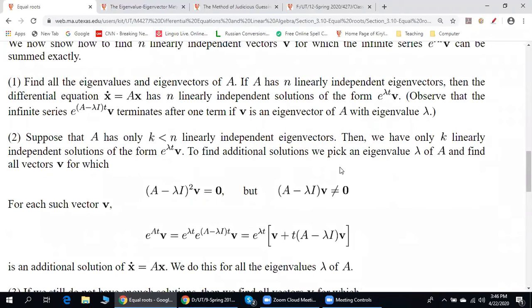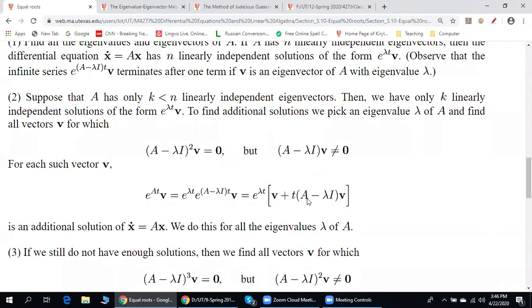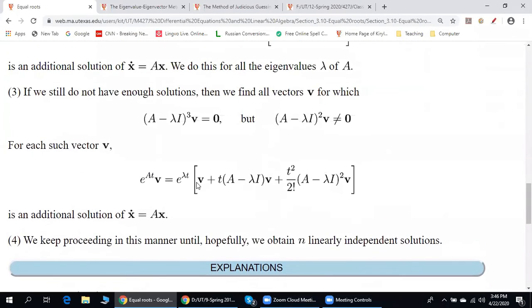If just one particular solution is missing, we apply this formula. If 2 particular solutions are missing, we apply this formula and this formula.